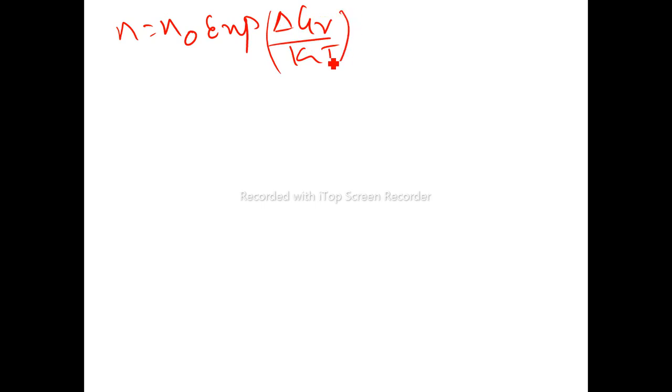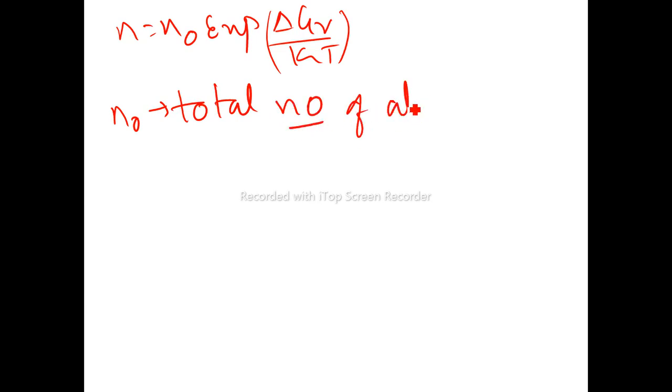actually I should tell this before starting itself. N naught is the total number of atoms in the system, and delta GR is the excess free energy associated with the cluster.